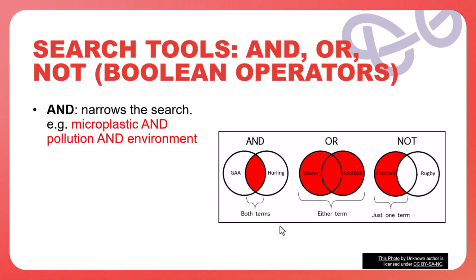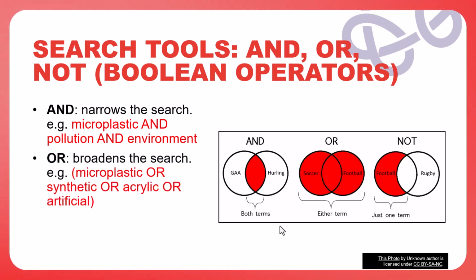But bringing in the others, using and, it means that that number is going to go down. We want microplastic and pollution and environment. The diagram shows some sports terms, GAA and hurling, and you'll see the red highlighted part of those two circles. We will only find results that mention both of those things.